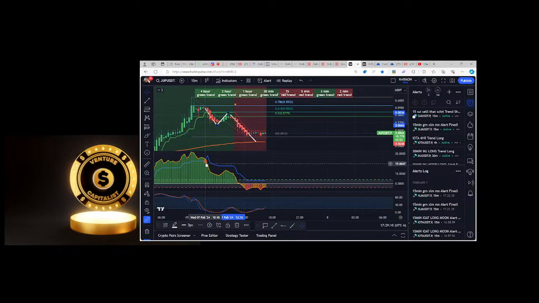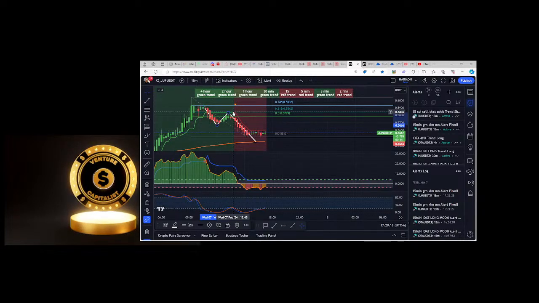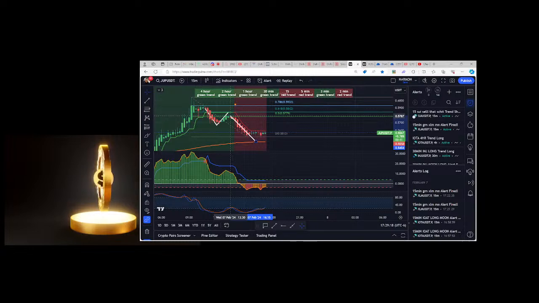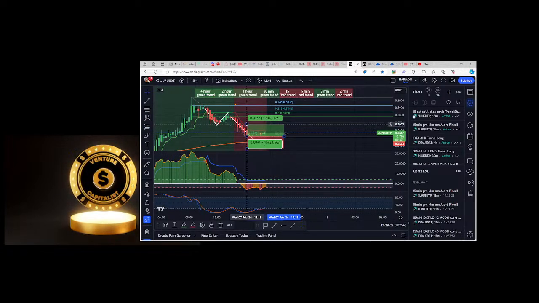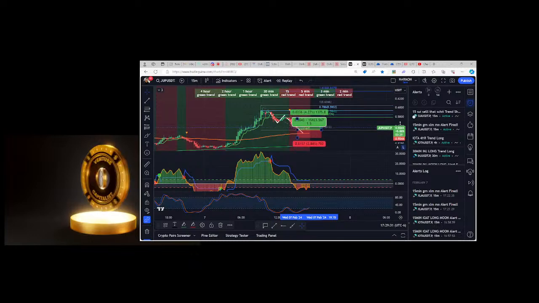Because you have a 15-minute moon, you have a 15-minute retest, and now the 15-minute trend signals an entry into a short. All right. Now this short here plays out to be about 3 to 4%, right? So that is how you can take an entry after a long pump, right?